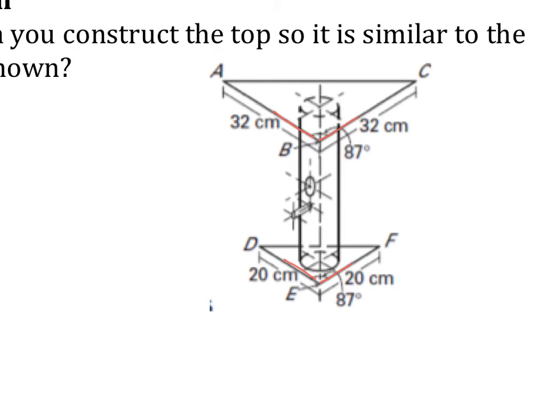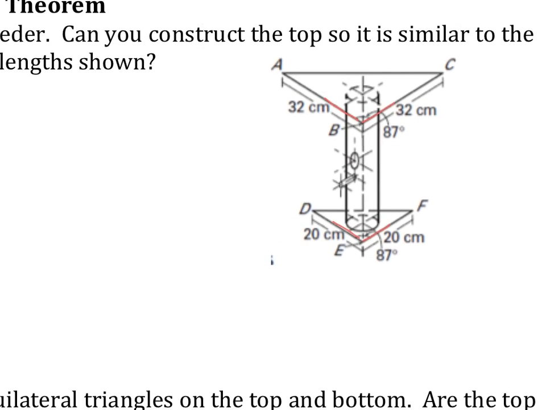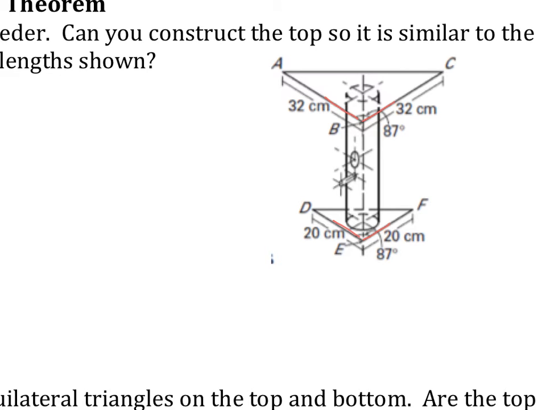Now, if we look at the side lengths, the two sides in the top triangle are 32, and the two sides in the bottom triangle are 20. So what we have right here is angles are both 87 degrees. Okay.